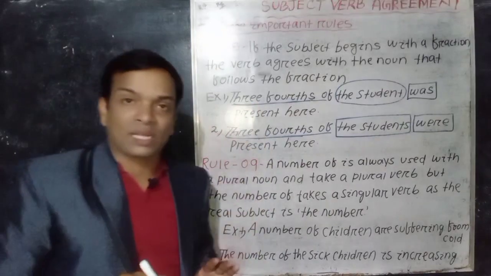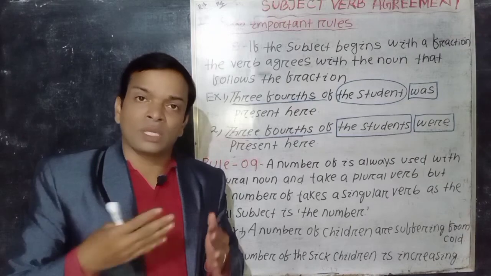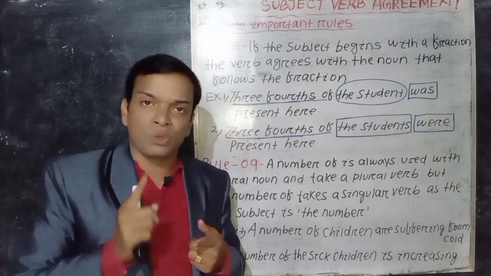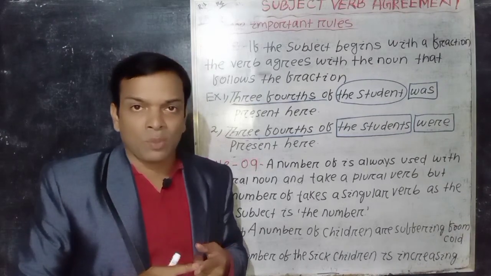That means after the fraction we can use the singular noun or the plural noun. If the subject is singular after the fraction, use the singular verb, and if the subject is plural after the fraction, use the plural verb.